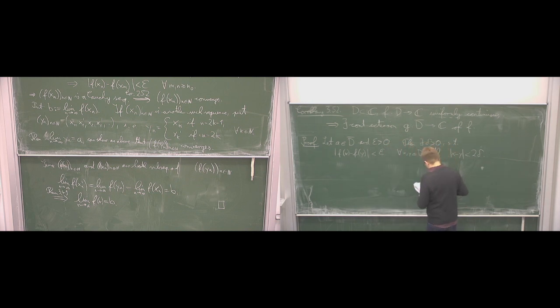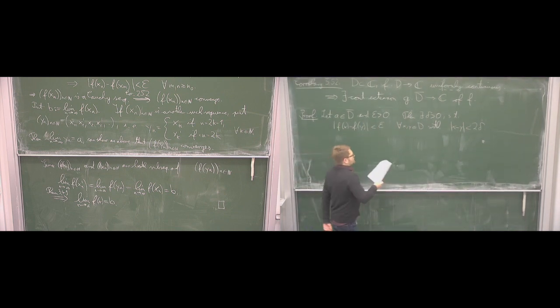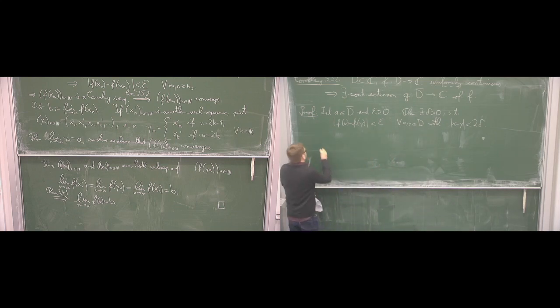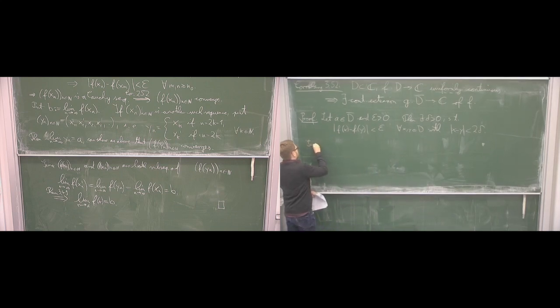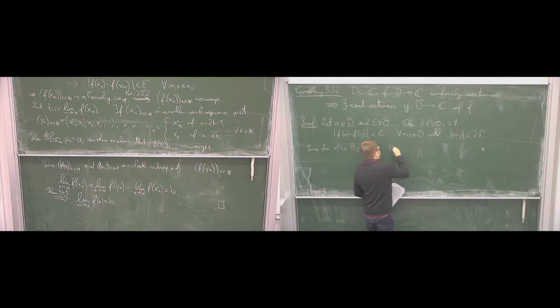So if this holds, then now here's the problem because we can't formulate this for a, because a does not need to be inside of D. But this implies that if we take x and y in the open delta disk around a, then we get the absolute value of x minus y, and now we can use the triangle inequality again to estimate this by the absolute value of x minus a plus the absolute value of y minus a, by just subtracting and adding a here and playing with the signs.